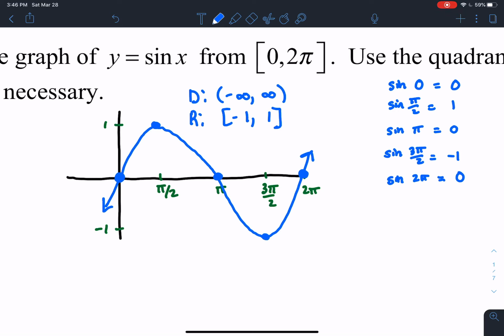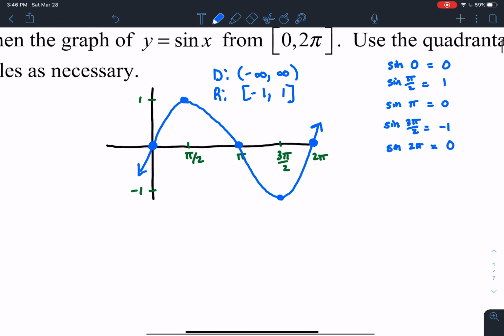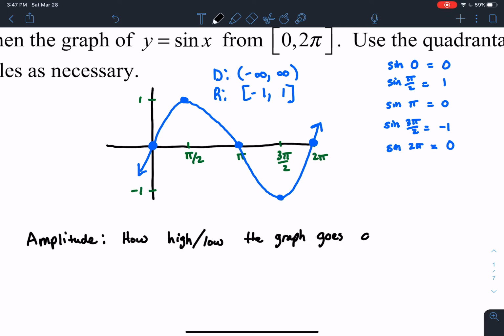Now, there are a couple of things you have to be able to figure out from any sine or cosine graph. The first is what's called amplitude, and that is how high and how low the graph goes above or below the axis.